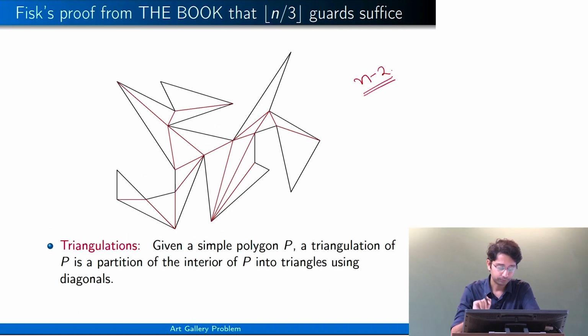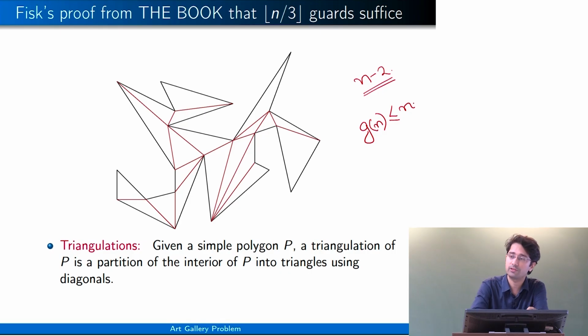Okay. If you believe that this claim is true, initially I asked you a question whether Gn is less than or equal to n or not. Are n guards always sufficient or not? Forget about n by 3. Can we say that n guards are always sufficient?